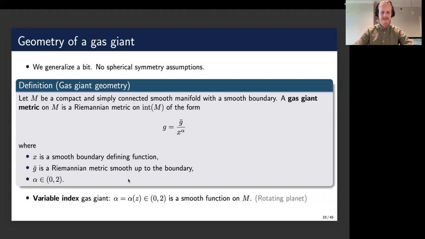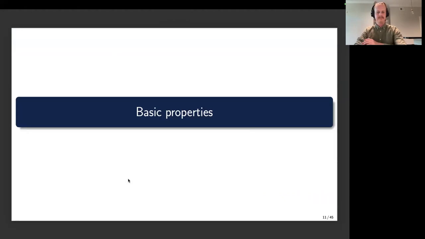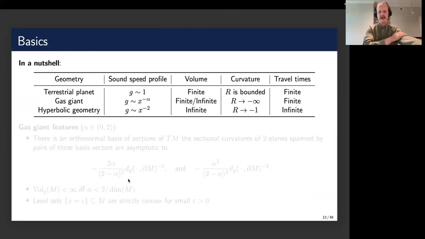All right, let's continue. So, basic properties. This is a condensed presentation of what's happening. On our terrestrial planet, our rocky planet, the sound speed profile is bounded from below and from above at all points of the planet. On a gas giant, we have a fractional blow up at the boundary, with alpha close to 1.